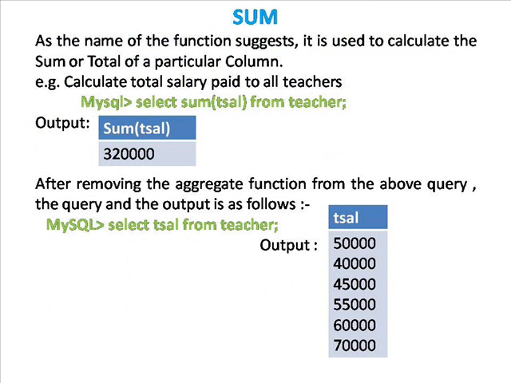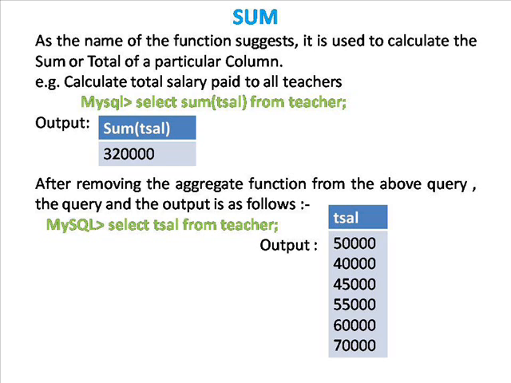So we come to the first aggregate function, sum. Sum, as the name of the function suggests, is used to calculate the sum or total of a particular column. Say for example, I want to calculate the total salary paid to all teachers. So the query is select sum inside brackets TSAL from teacher.